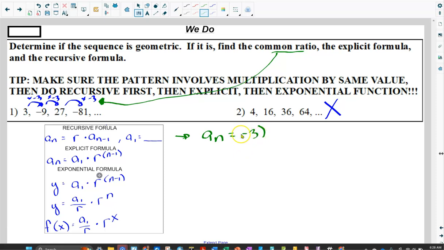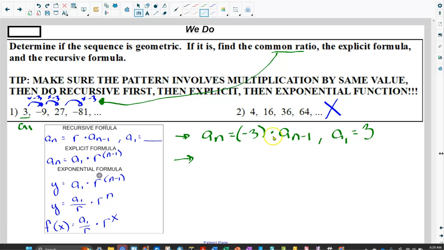Okay, and if we want to be super cool, we'll put parentheses around the common ratio times a_(n-1). And for recursive formula, we do need to clarify who is the first term. A1, so we go back to the list, it's 3. Okay, this is A1. Done.